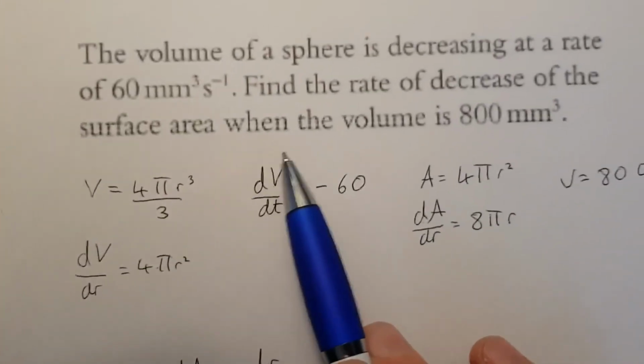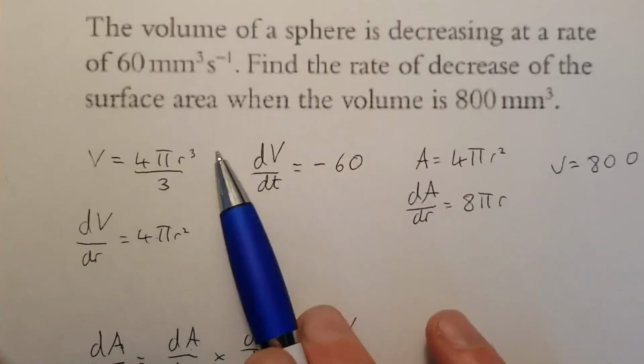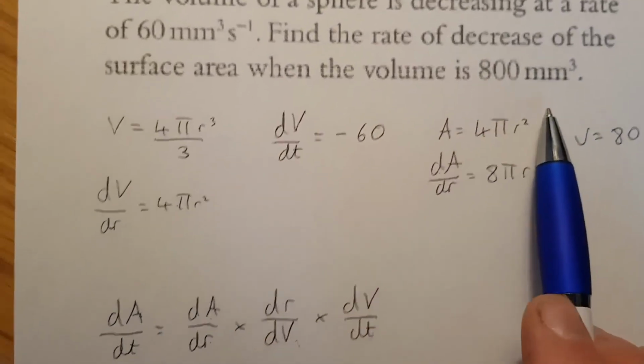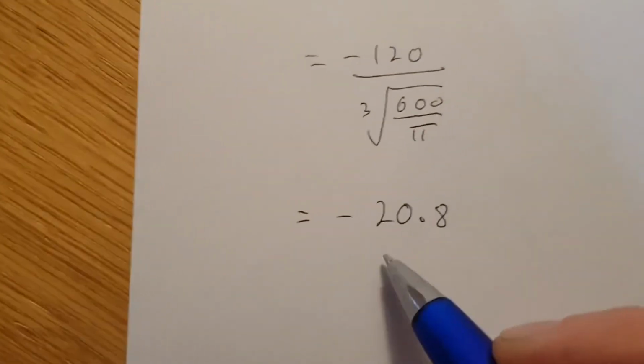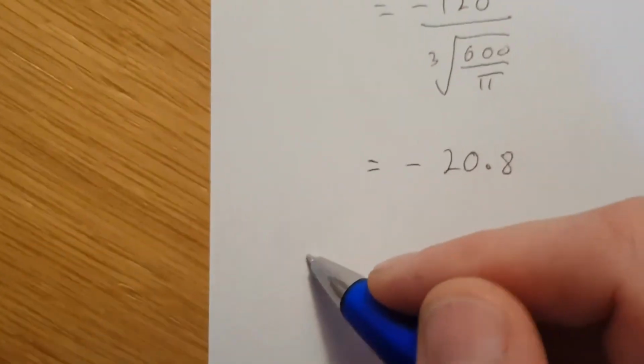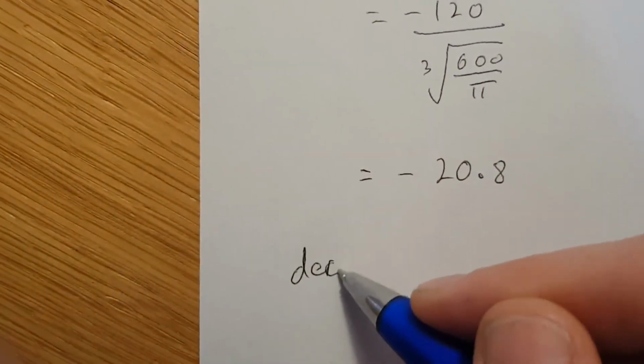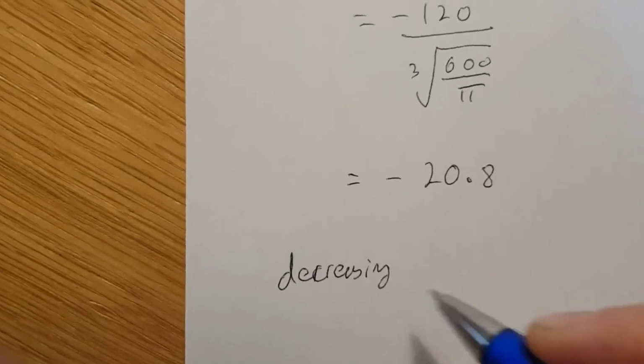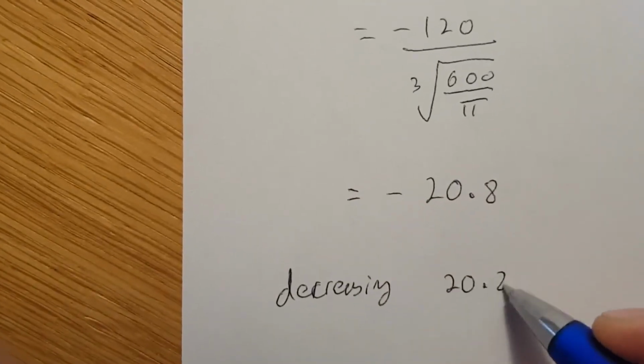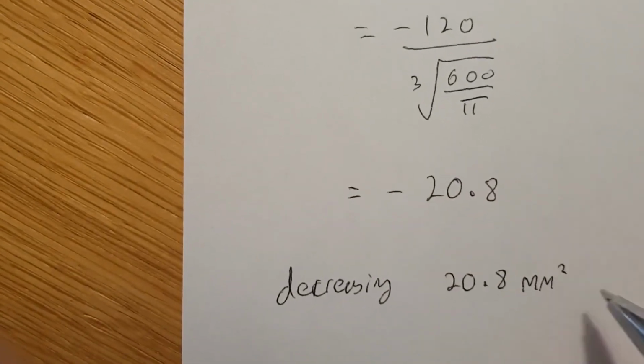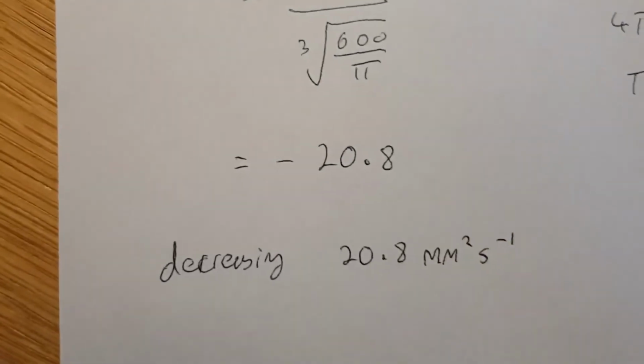So looking back at the question, it says, find the rate of decrease of the surface area when the volume is 800 millimeters cubed. So we know it's going downwards, so it's decreasing at a rate of 20.8 millimeters squared per second.